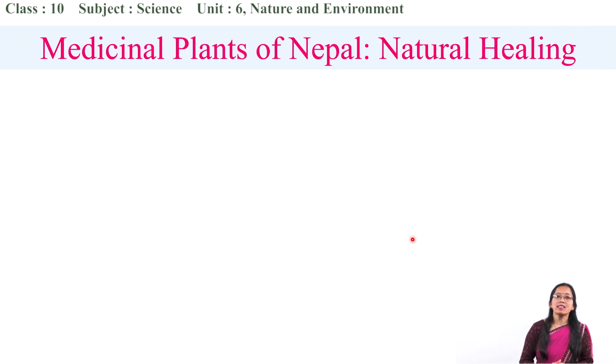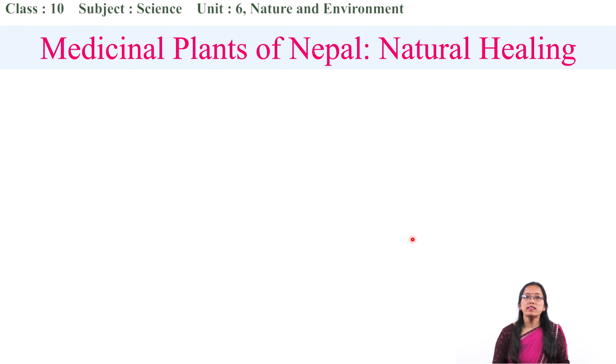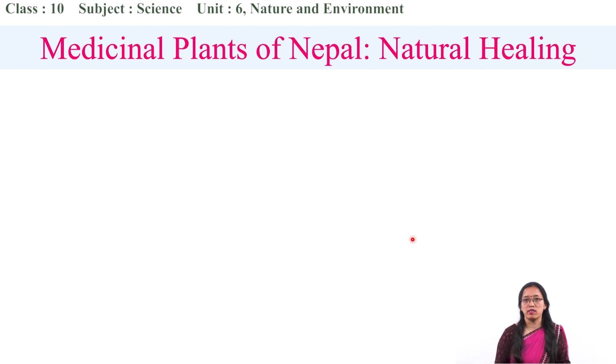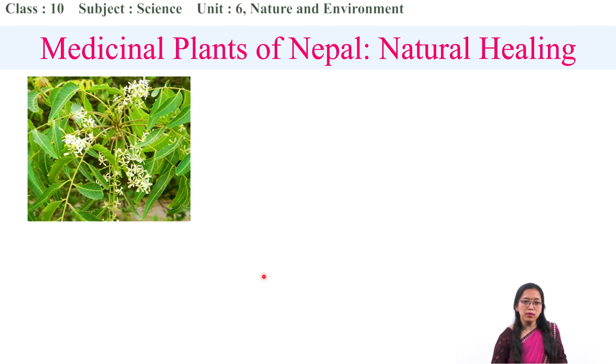There are various kinds of medicinal plants found in Nepal which we take as natural healing substances. That means naturally we are healing our health problems. So here you can see, which plant is this? Yes, it is the neem plant.